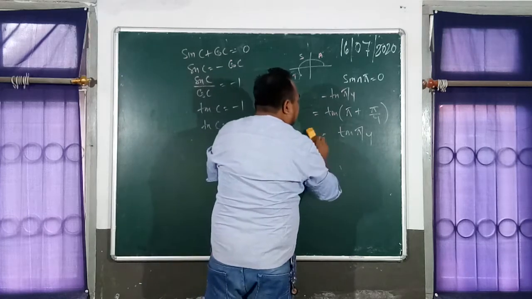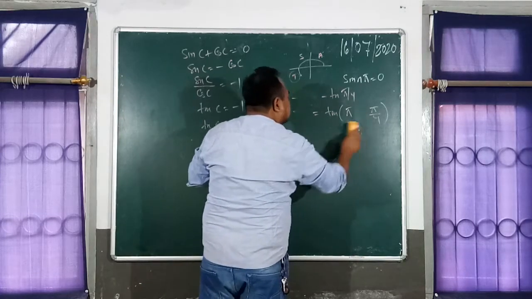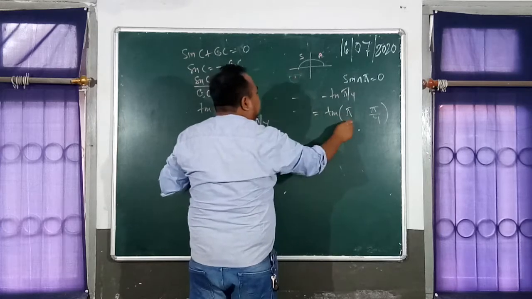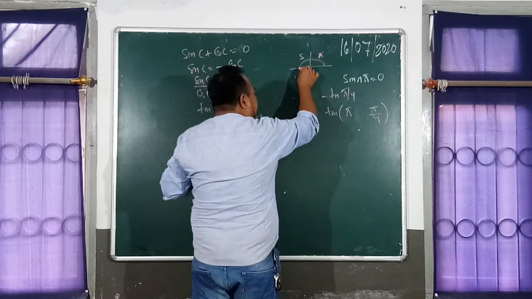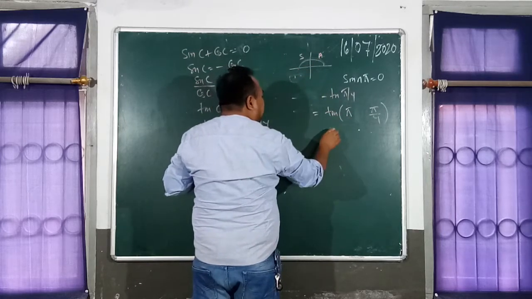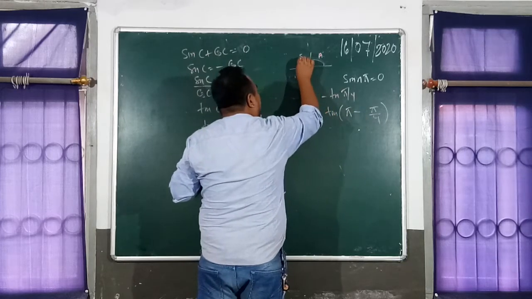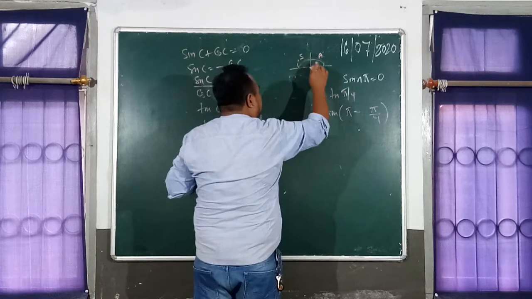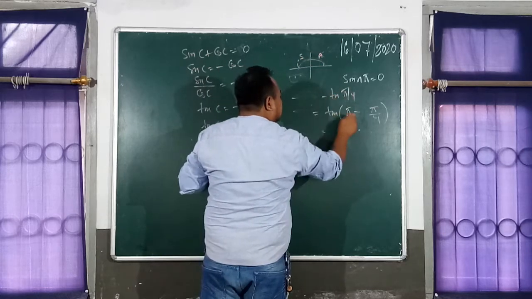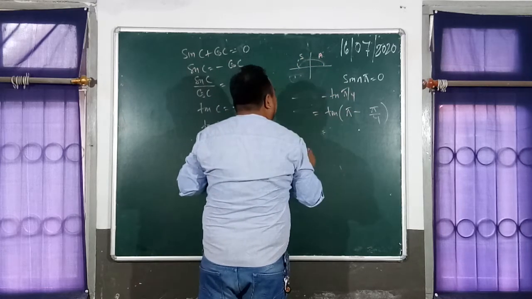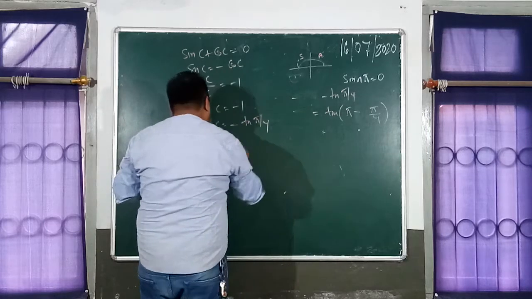So this plus will not be there. So pi means the second quadrant. If I put a positive sign, tan will be positive, but I need negative. But if I put a negative sign, back to the second quadrant, and in this quadrant only sin is positive, so this is going to be minus tan pi by 4. So this is how you remove the minus sign.